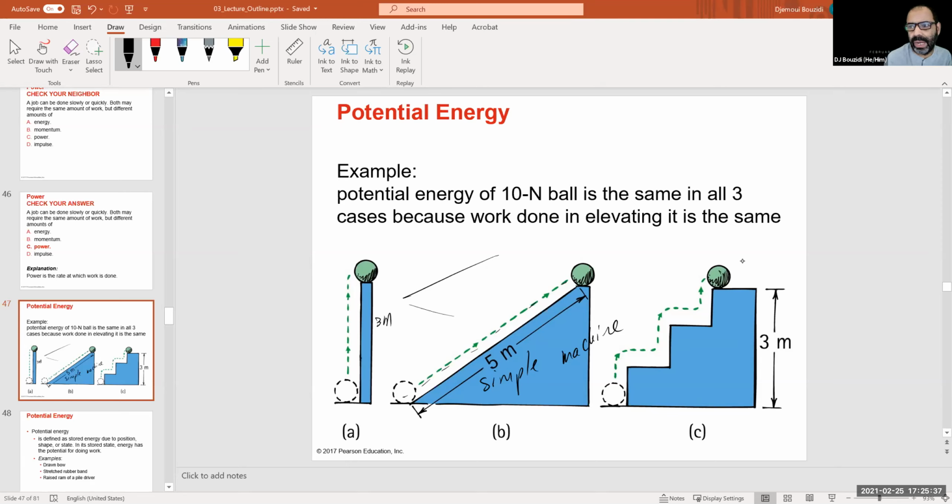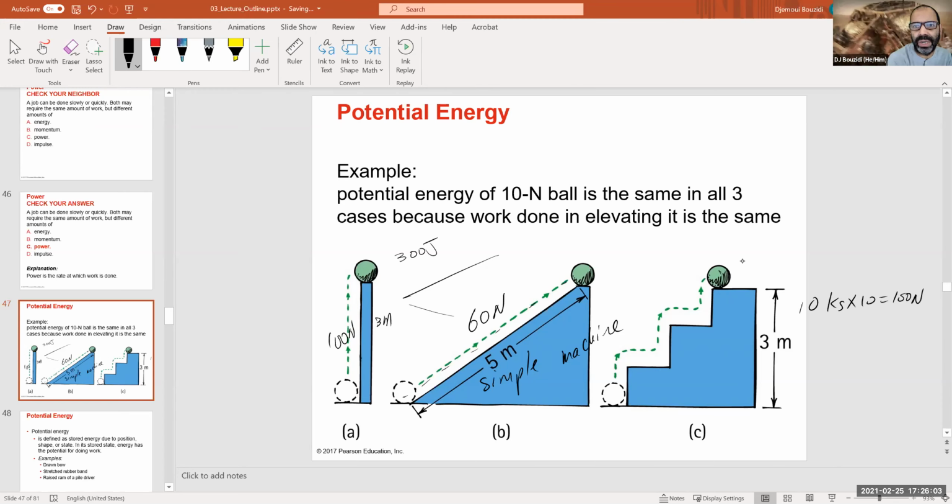So to go back to the example of the 10 kilograms times 10, that's 100 Newtons. If you're taking 100 Newtons straight up, you're spending 300 joules on this. If you're taking it on this one, you're going to go a distance of 5 meters. So you're going to spend 300 divided by 5, which is 60 Newtons in this case, instead of 100 Newtons up.